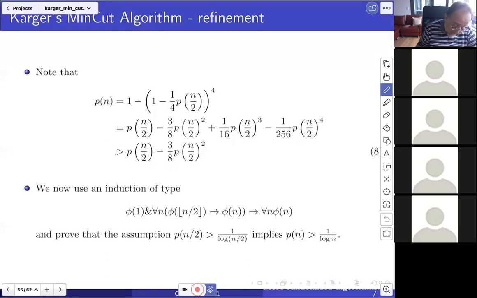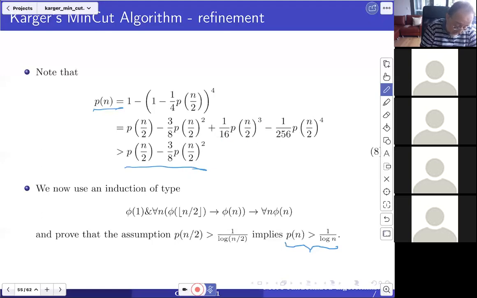Now, by induction, and this is where a little bit of magic comes, clever Karger showed that a solution to this strange recurrence inequality is satisfied by P of n being larger than 1/log n.